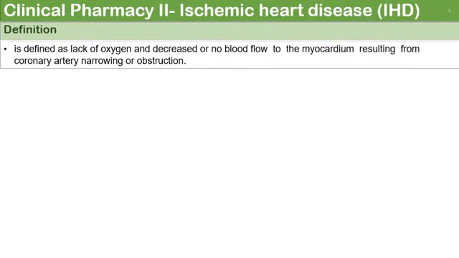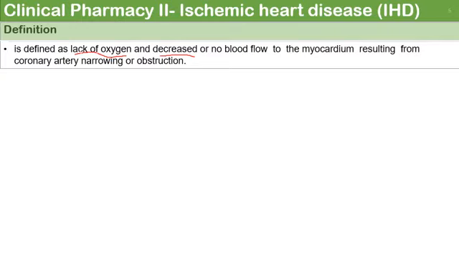At the beginning, the definition of ischemic heart disease. It is a lack of oxygen and a decrease or absence of blood flow to the myocardium, resulting from coronary artery narrowing or obstruction.